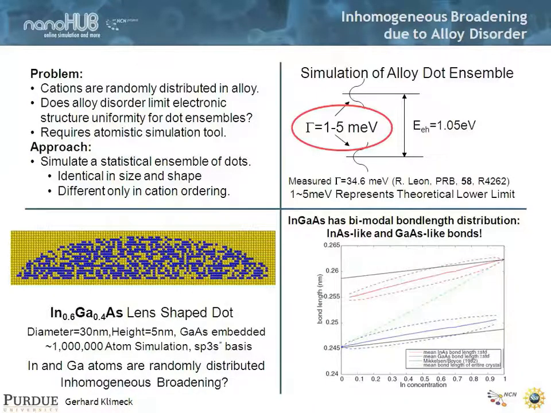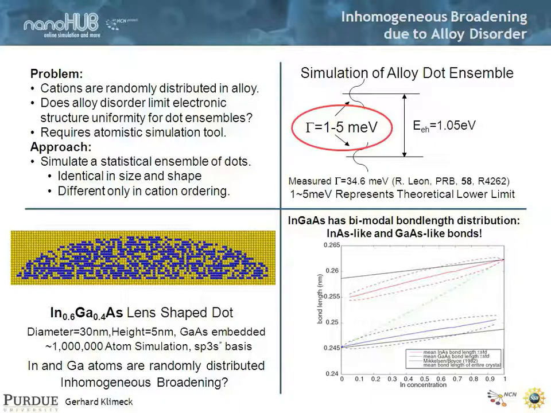And the bottom line in this question that we asked: if you could do this Gedanken experiment of controlling size, shape, height, number of atoms exactly, experimentally, your optical interband transition would have a noise of about 5 milli-electron volts. Now experimentally, Rosa Leon at JPL has measured 35 milli-electron volts in a system like that.